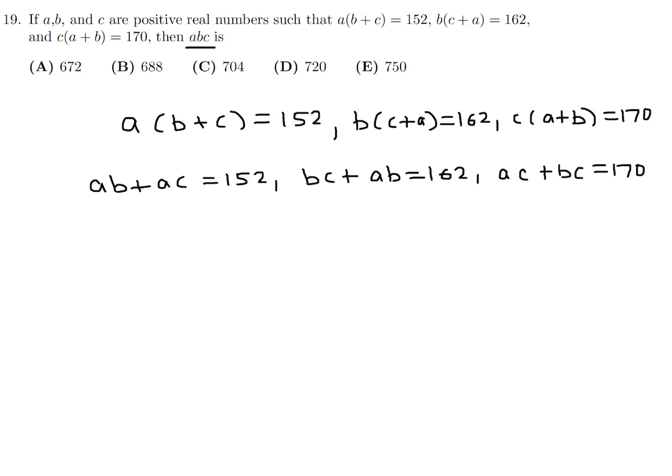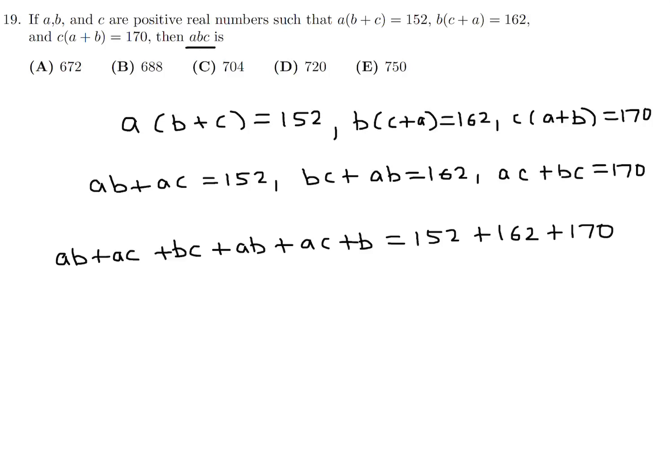I'm just going to add them all. So add up everything. So we have AB plus AC plus BC plus AB plus AC plus BC is going to be 152 plus 162 plus 170.